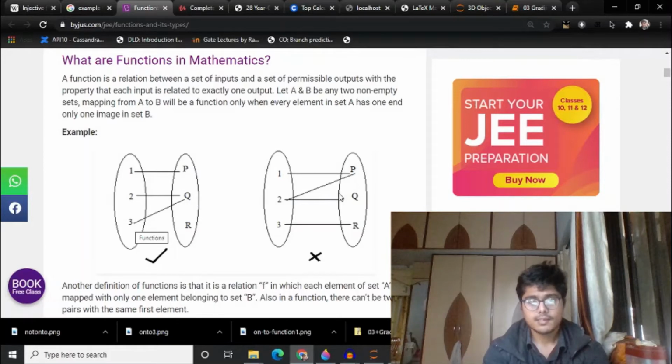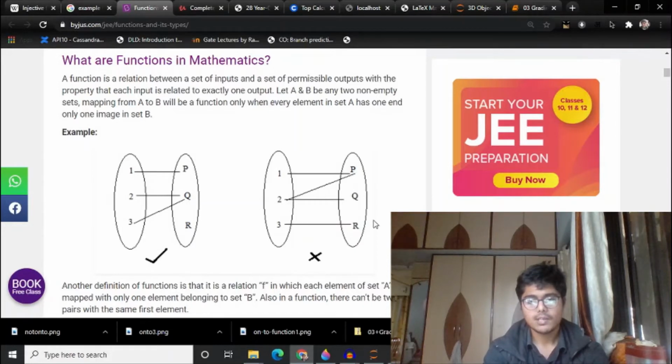But please understand that the same element in the domain cannot have two images or two outputs in the codomain. Suppose this 2 is also producing another output.